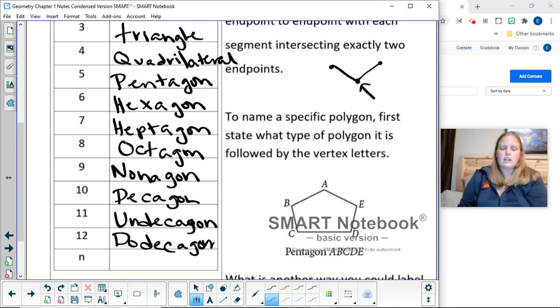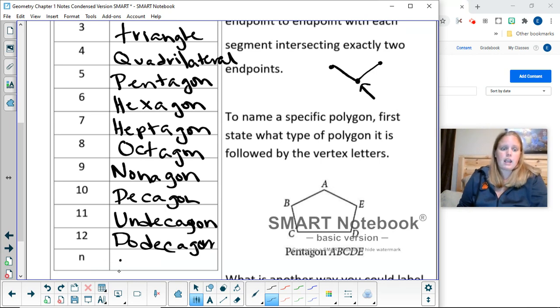Okay, now there are names for polygons with more than 12 sides. So a 13-sided polygon has a specific name. But as you get to more sides, the names become more complex. And so beyond the 12 sides, it's not really that important to know the specific names. So let's say n here is standing for any number bigger than 12.